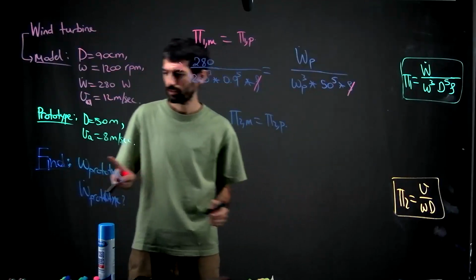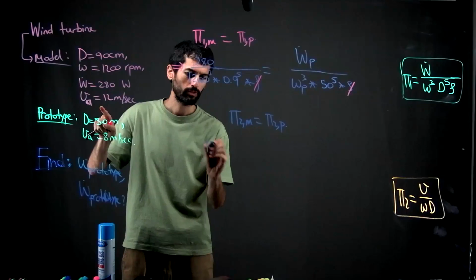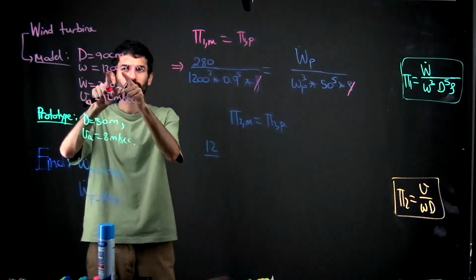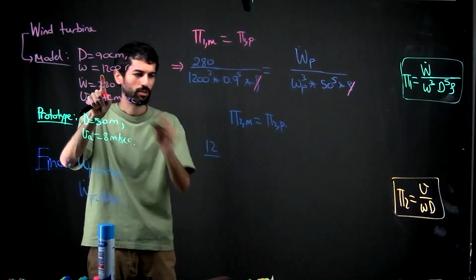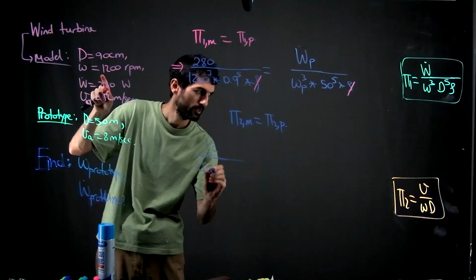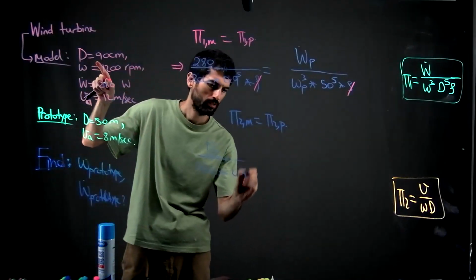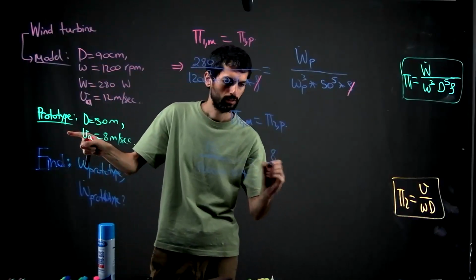In that case, I will have the velocity of the model, which is 12, the rotational speed of the model. Again, I can convert it, but since it is on both sides, it will not do anything. So I will just put it as it is. And the diameter is 0.9. The velocity of the prototype is 8.